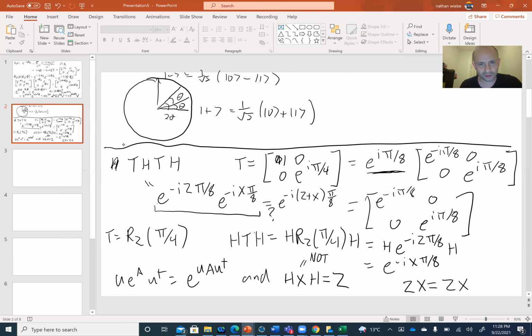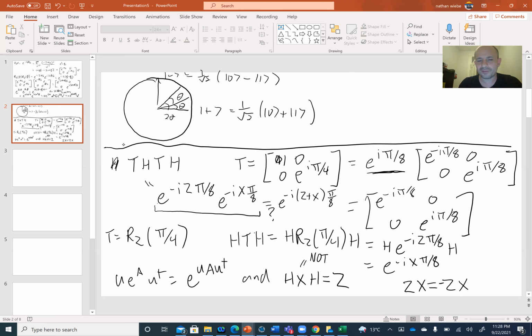Such matrices are said to commute. In this case, X and Z don't commute. They in fact anti-commute, because XZ is equal to minus ZX. So this means that we can't use that elementary rule that normally applies for algebra.